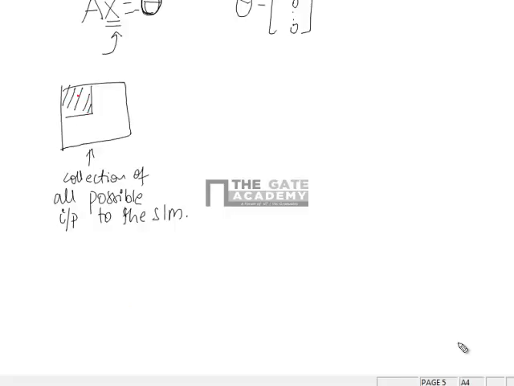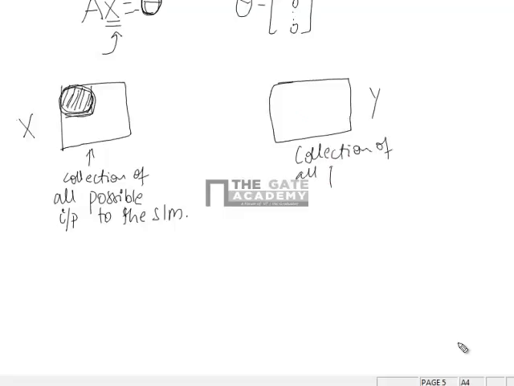If I pick any x from this region, I am just drawing a diagrammatic representation, and apply it to the system, I always get 0 as the output. Correct? So, let me say that this is y, the collection of all possible outputs from the system.